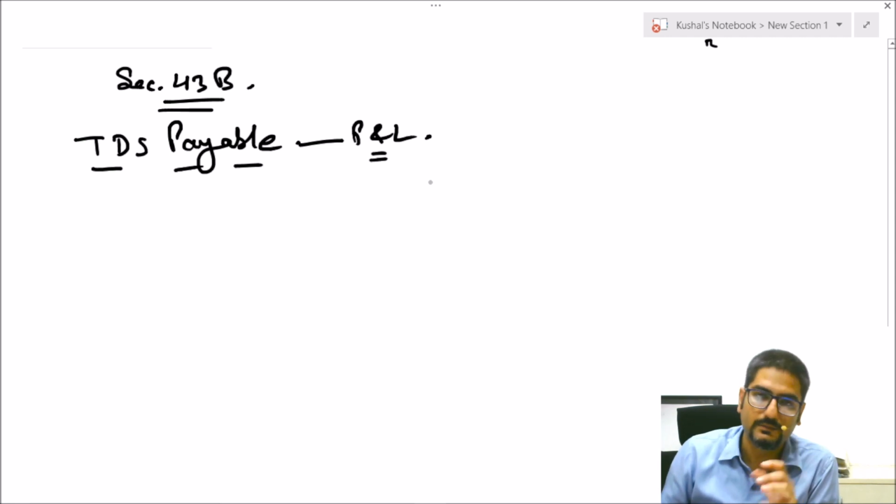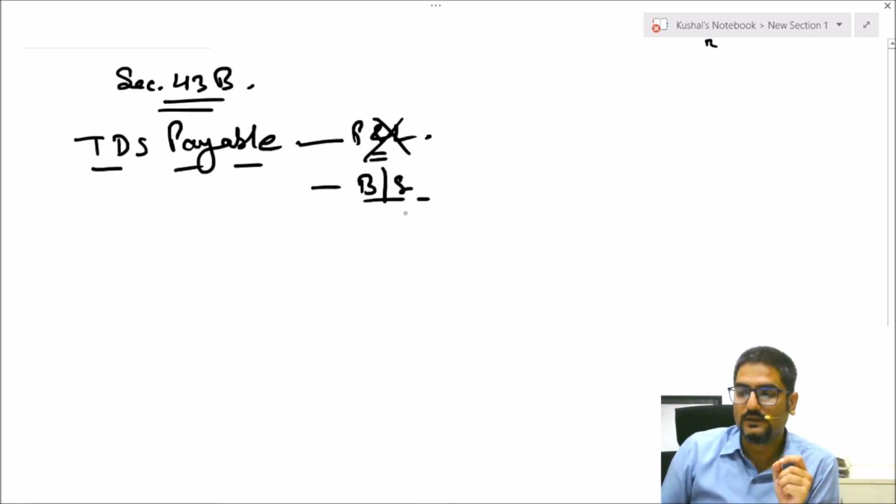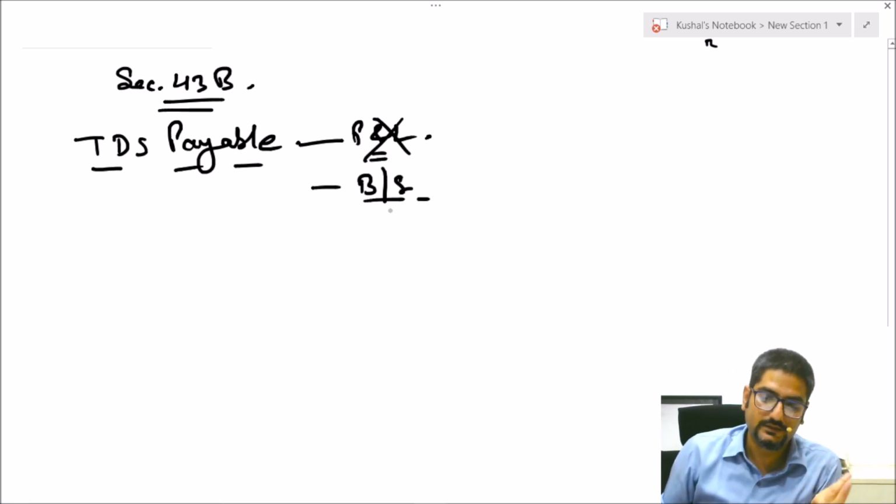It is not a deductible item in income tax. Rather, TDS payable is a balance sheet item. So if it is not a P&L item, there is no deduction available for TDS payable. Then how can it be attracted by section 43B?